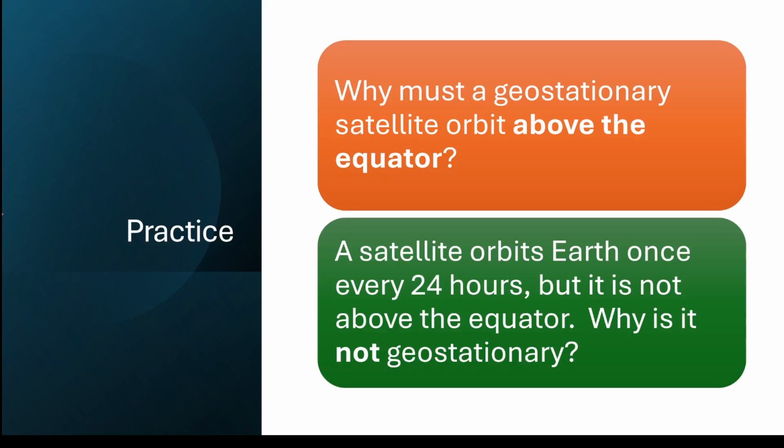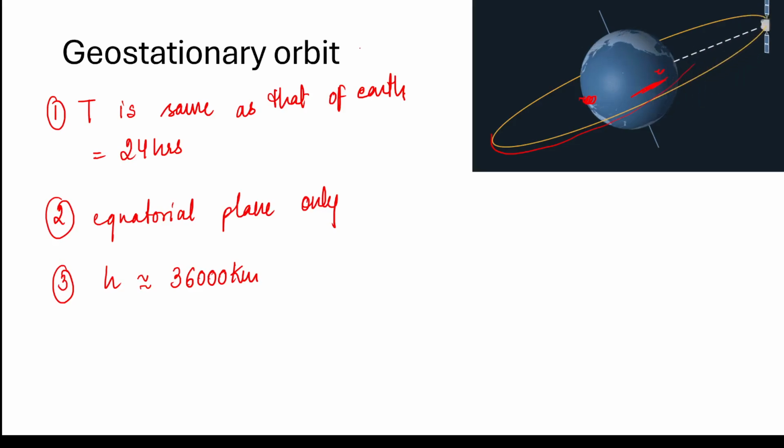All right, so now another question here. The second point: if it is not above the equator, it is not geostationary, because we want that satellite to be stationary. Geo means Earth, so stationary with respect to the Earth.